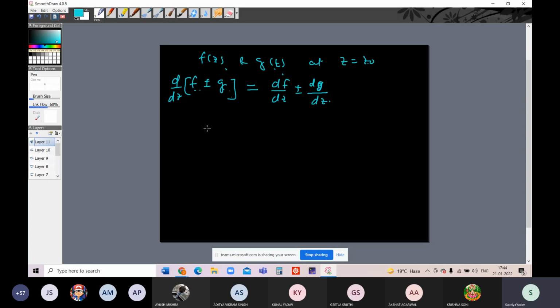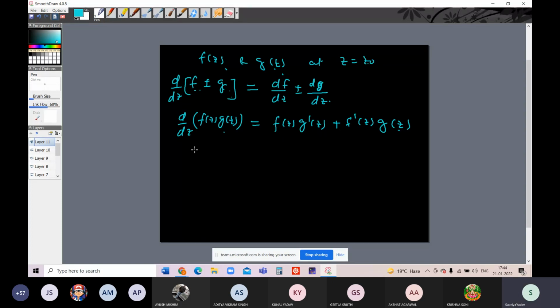In the same way, their product f(z)g(z) is also a differentiable function, and its derivative is given by f(z)g'(z) plus f'(z)g(z), where the prime denotes the first derivative of the function with respect to z.